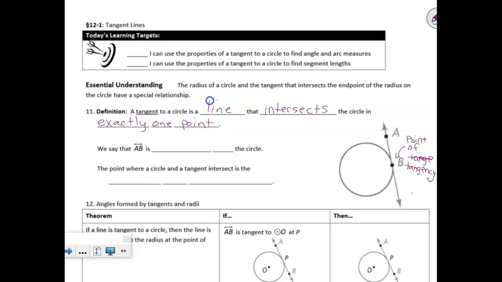And this is line AB, which is the tangent line. We say line AB is the tangent to the circle. The point where a circle and a tangent intersect is the point of tangency.